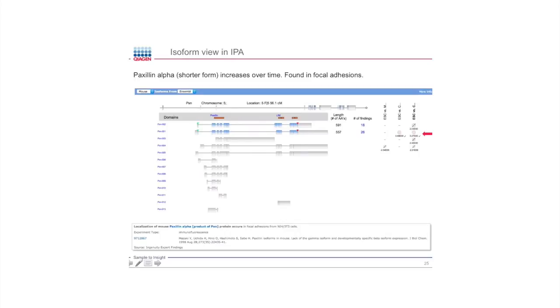It's interesting because this one is a different isoform, and one thing we can say is that Paxillin alpha, this one, occurs in focal adhesions. A paper found that the protein expressed from that transcript goes to the focal adhesions.